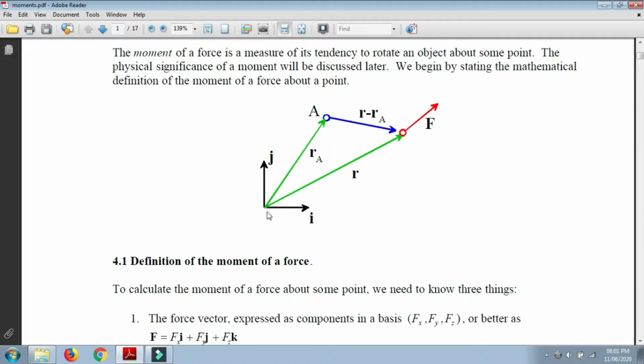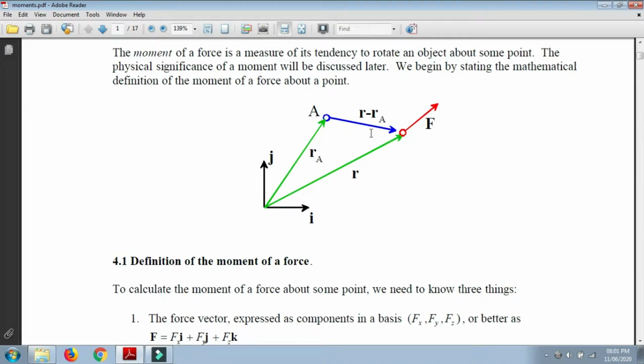We take the coordinates of the point where the force F is originating, and we take the position vector R. We also have another point A. We take the coordinates of this point as the position vector RA, and this is R. Now, to reach from point A to this point, we can say R minus RA, and this position vector will be called R minus RA.